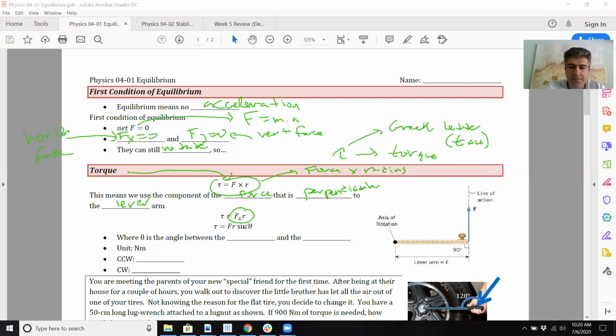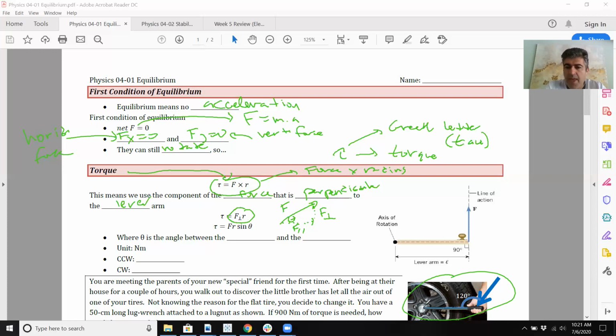Again, if your force is kind of going like this, here's theta, that'd be the parallel force, and that'd be the perpendicular force. It depends on what you're connected to. But you can see in this example, it looks like you're trying to undo the lug nuts on a tire.